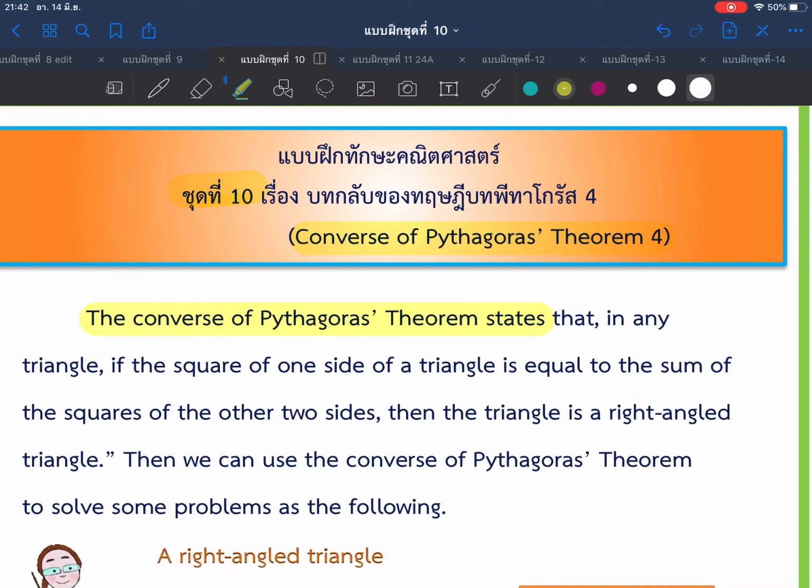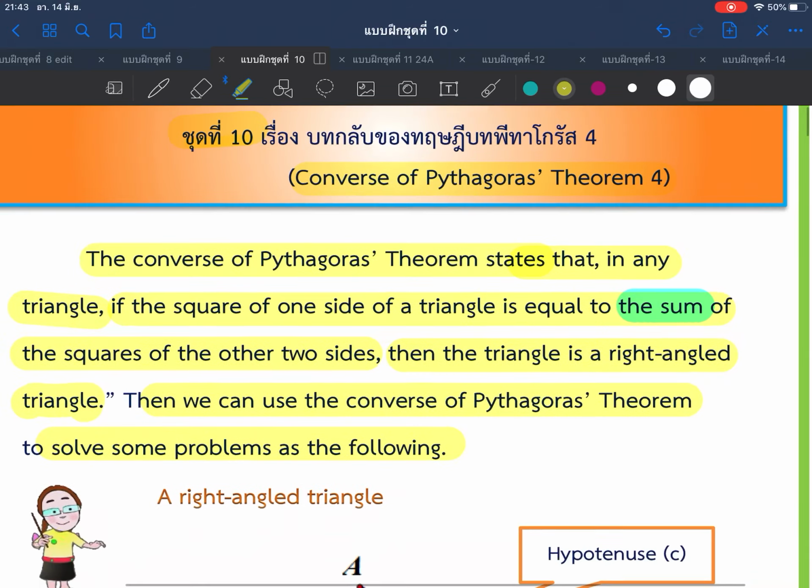It states that in any triangle, if the square of one side of a triangle is equal to the sum of the squares of the other two sides, then the triangle is a right angle triangle. Then we can use the converse of the Pythagoras theorem to solve some problems as follows.